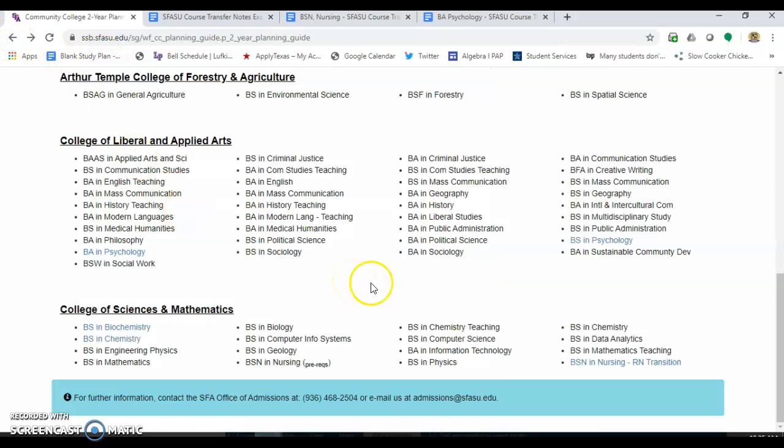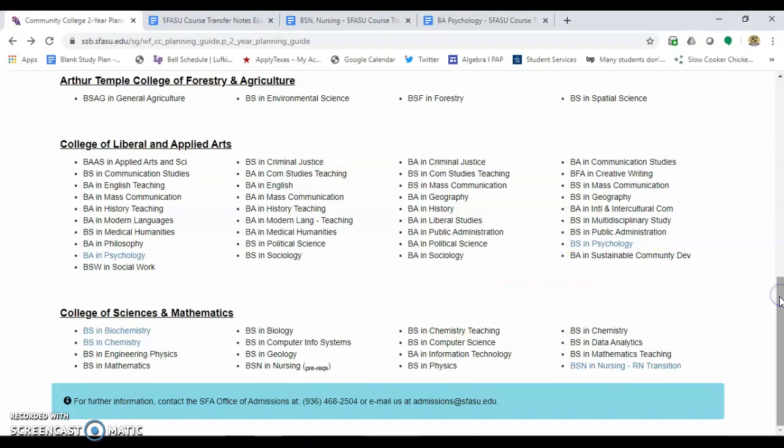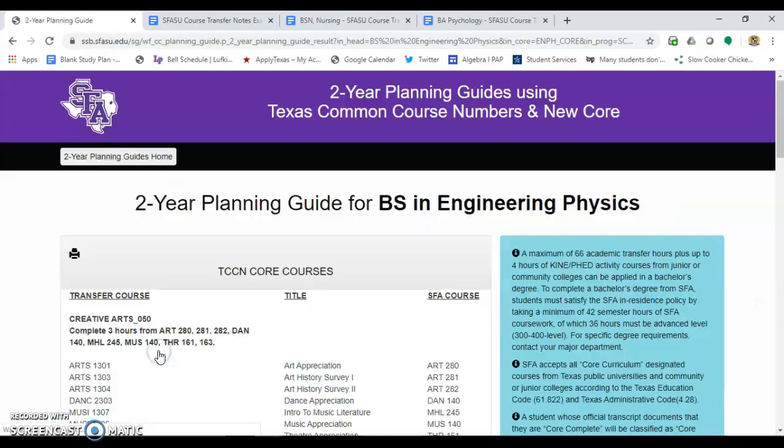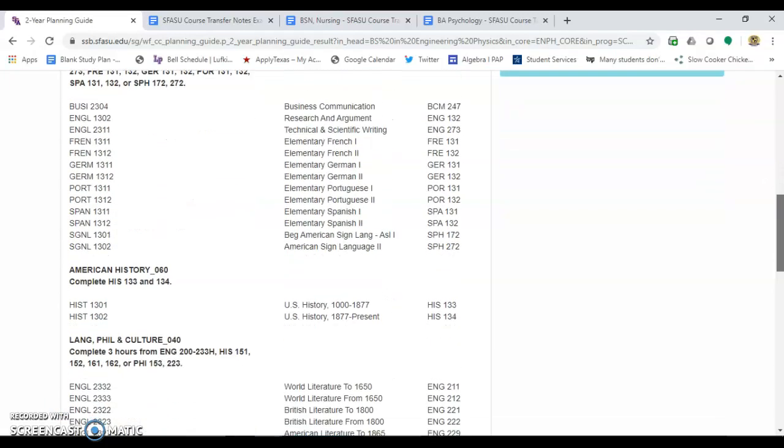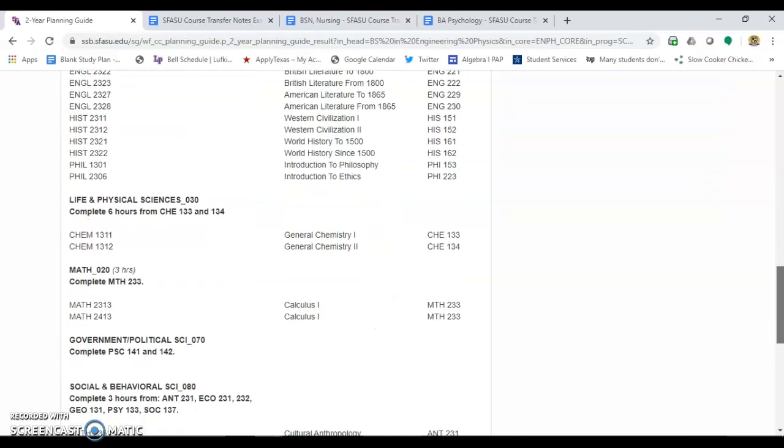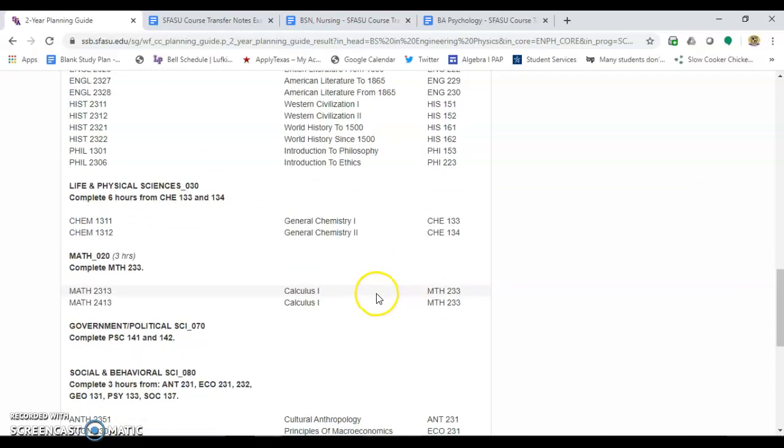And as always, we can definitely help you to look at this, but just know that every single major is going to be different. As you get into the maths and sciences, you are going to have the math and science be more specific. And so again, here's an engineering major, and you definitely have to have calculus, and then you're going to be required to have chemistry for your life and physical sciences, which is something we don't offer dual credit.